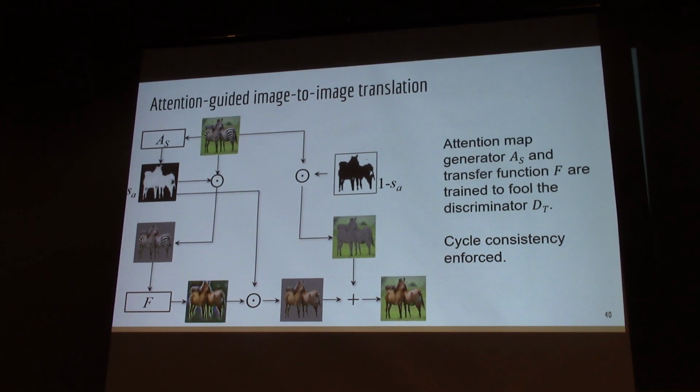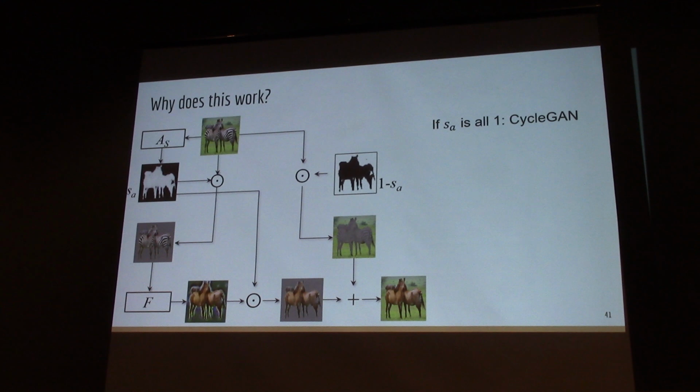All right. So, why does this work? It seems kind of like magic, that you can just ask this to generate you foreground and background and it will just do it. Okay? So let's see. If S_A is all ones, then this is just CycleGAN. But if S_A is all zeros, then my output is equal to my input, and I'm never, ever going to fool my discriminator. Okay?